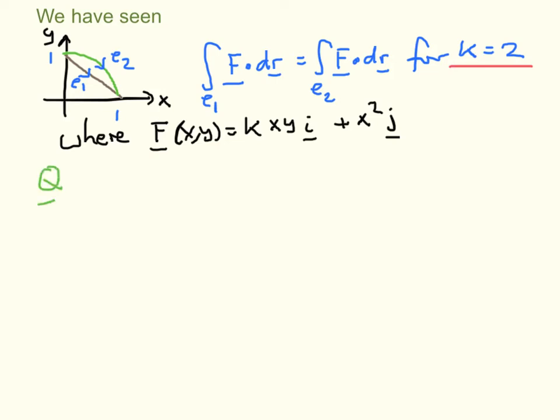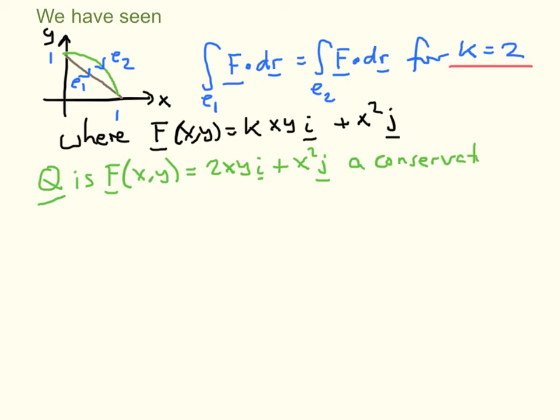So question, is f of x and y when kappa is equal to 2, so it's 2xy i plus x squared j, a conservative vector field?